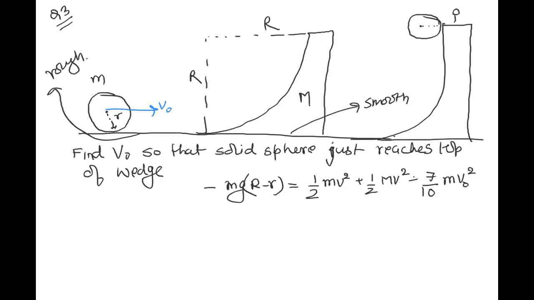Relative to the wedge, if the sphere has any velocity here, then it would go higher, which we don't want, because we want this point to be the highest point.